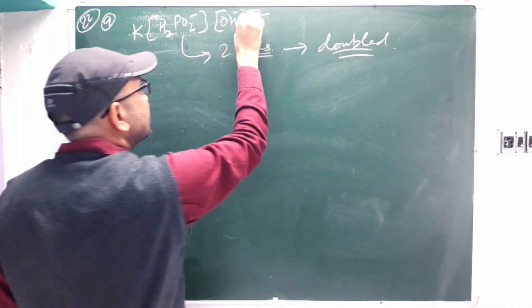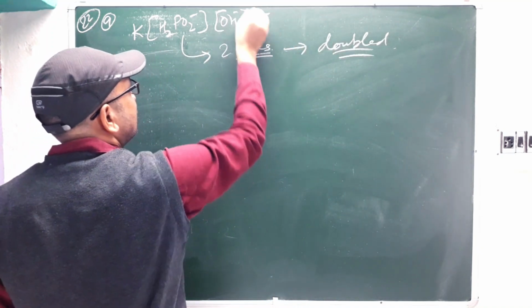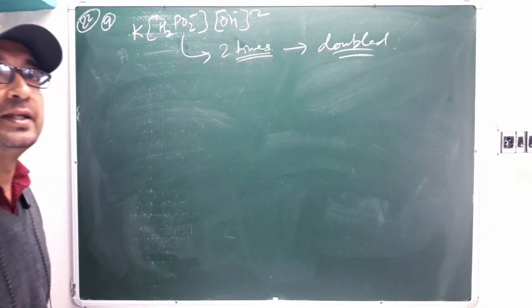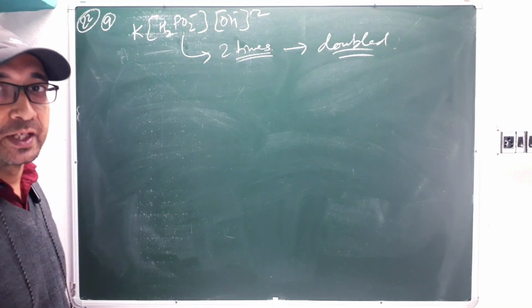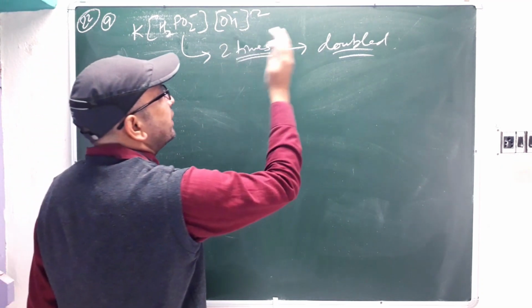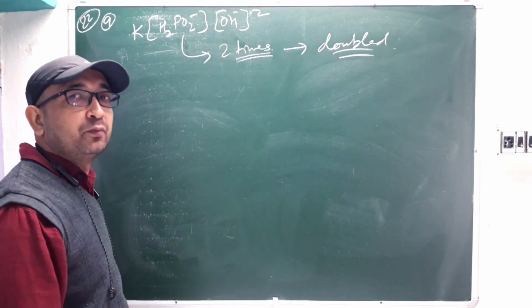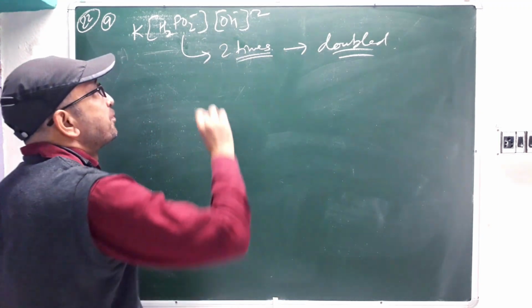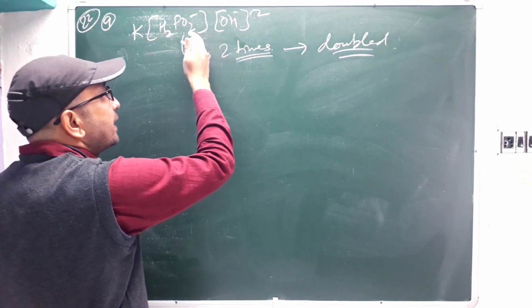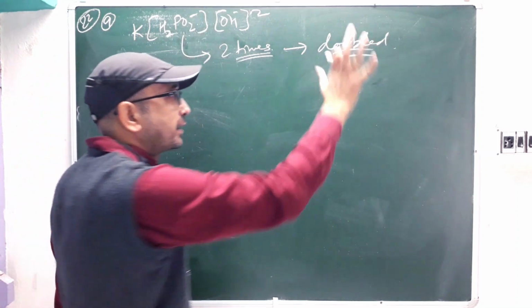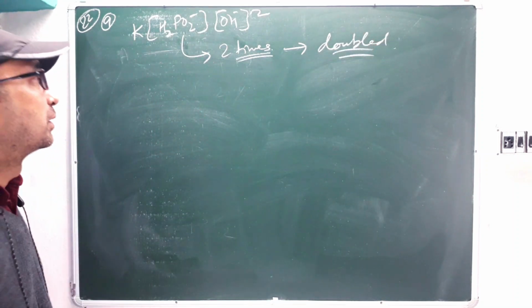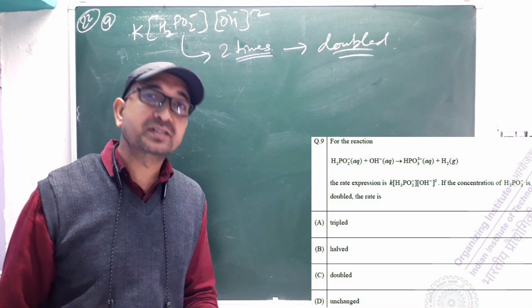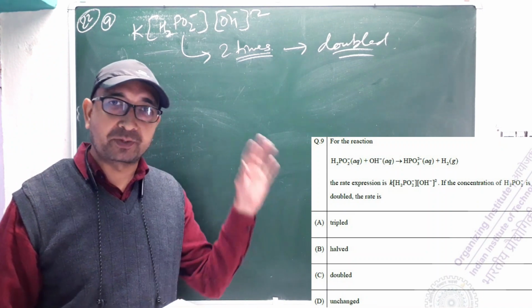If they say that the OH minus concentration we are increasing 2 times, like we are making this double, then your reaction product will be 4 times, right? So you see the option C will be your correct answer for this type of reactions, correct?